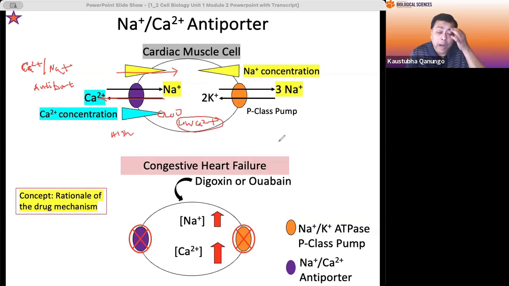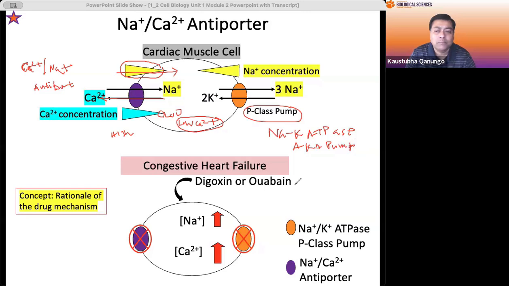And this is required. You need calcium, but you need it in a low concentration. Now, how is this gradient maintained? The gradient is maintained by the P-class pump, which is nothing but the sodium potassium ATPase or the sodium potassium pump, whatever you call it, sodium potassium ATPase, aka sodium potassium pump or P-class pump, all the same.